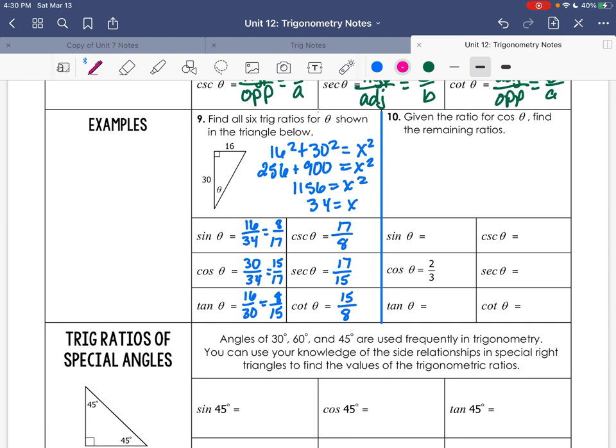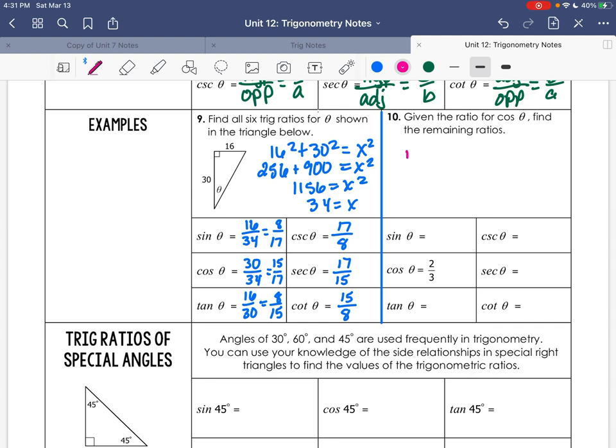So it appears that the cosine is supposed to be 2/3. So I don't think it told us that there was 2/3.